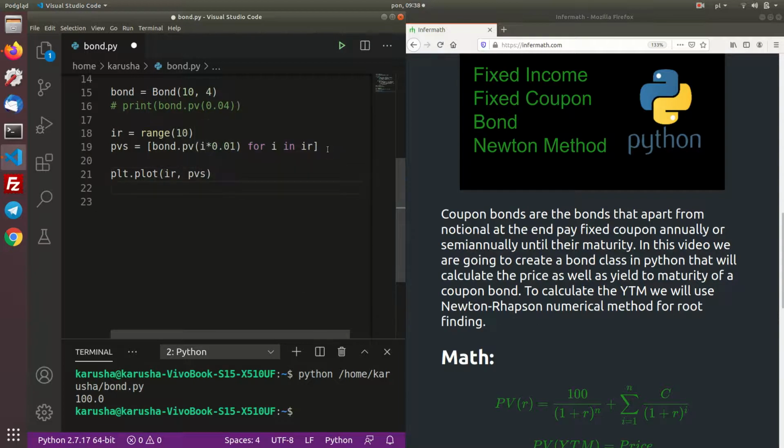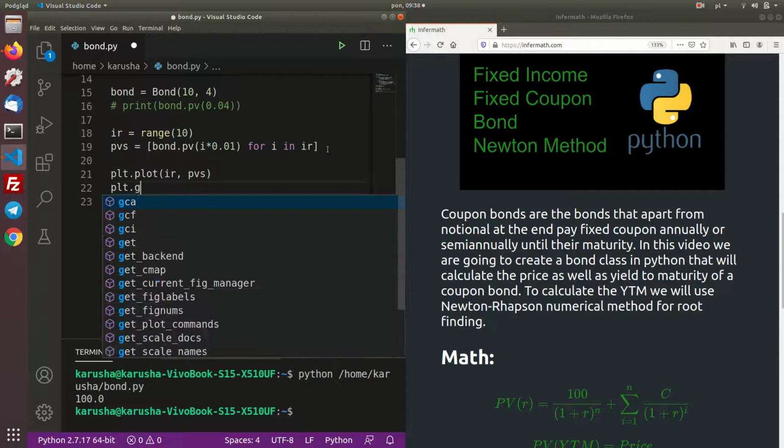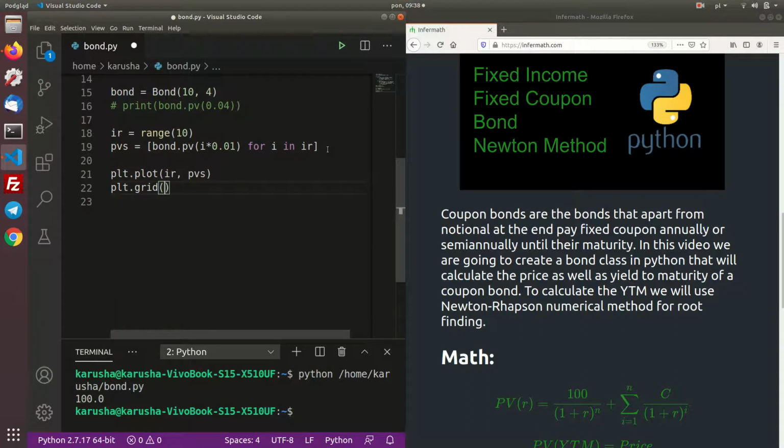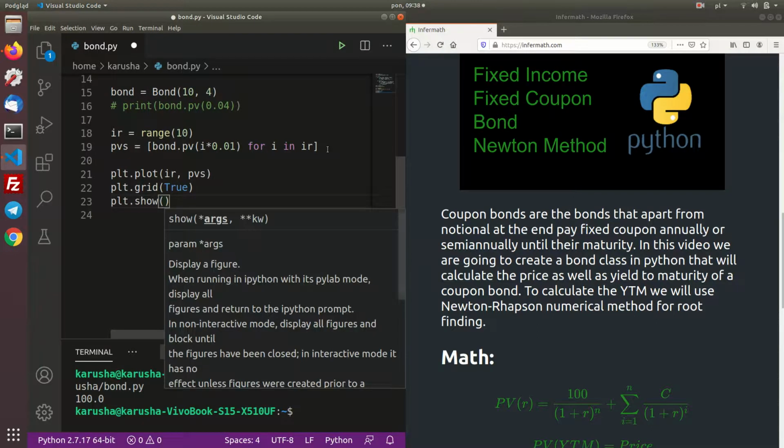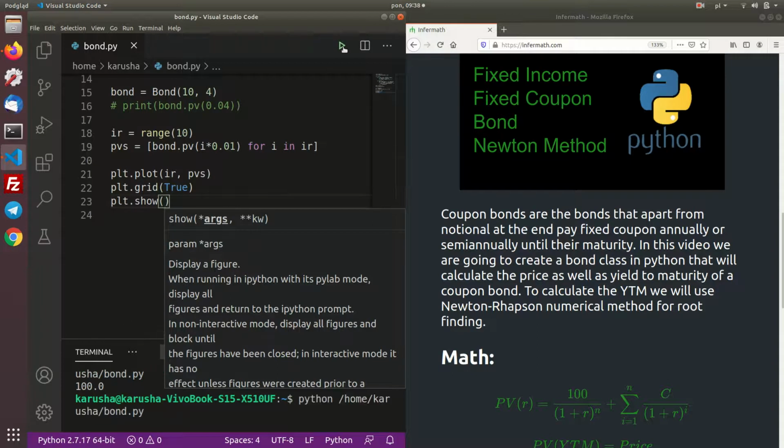Okay. Let us also add the grid to our graph. So we just write it here, and let us show that graph. PLT show. Let's run it.